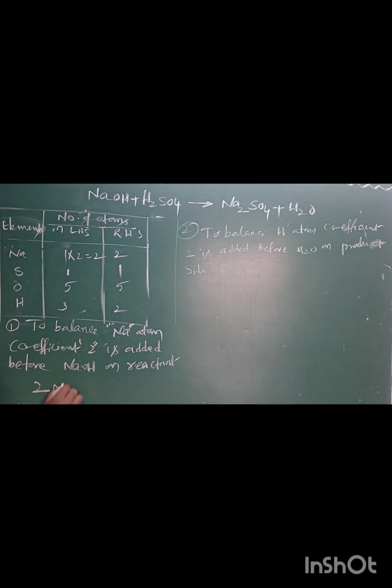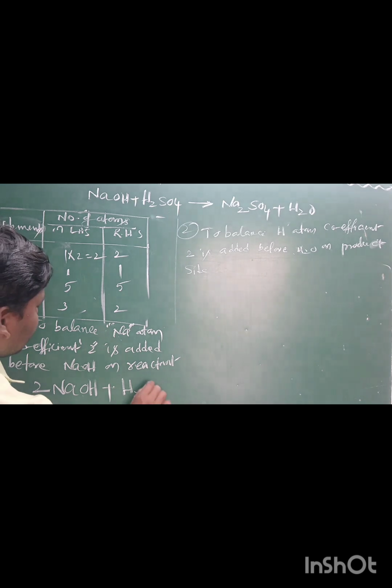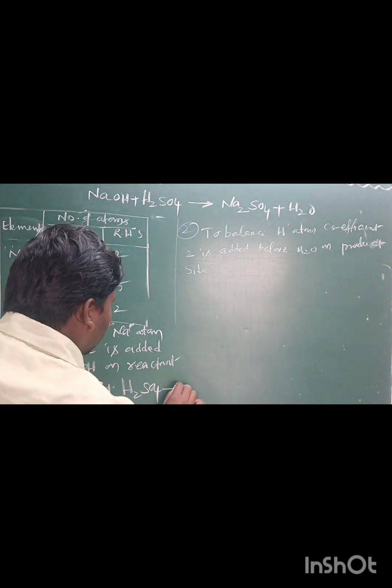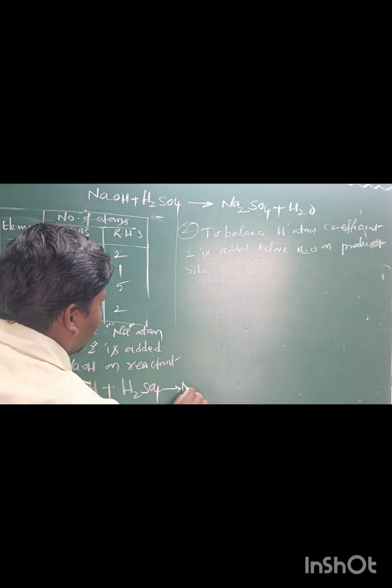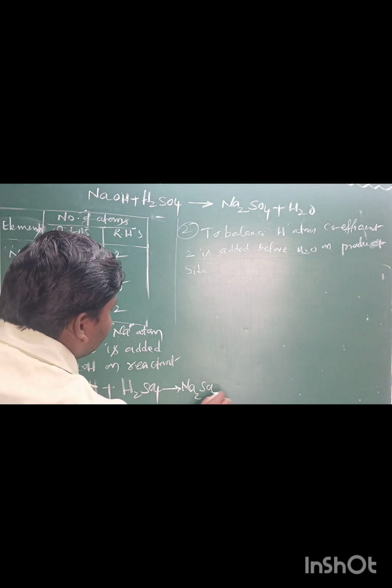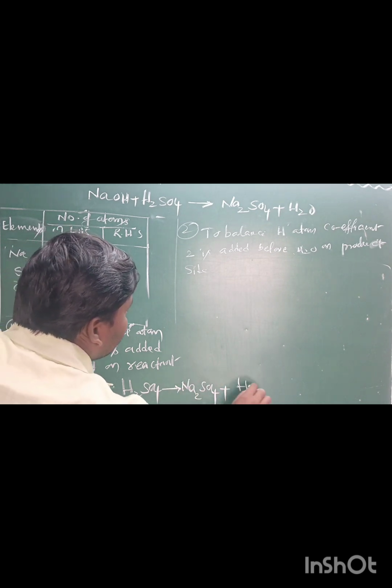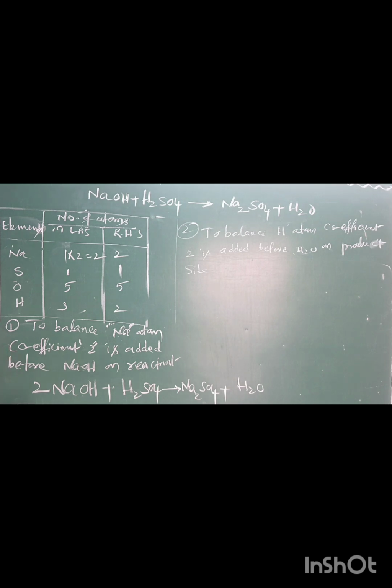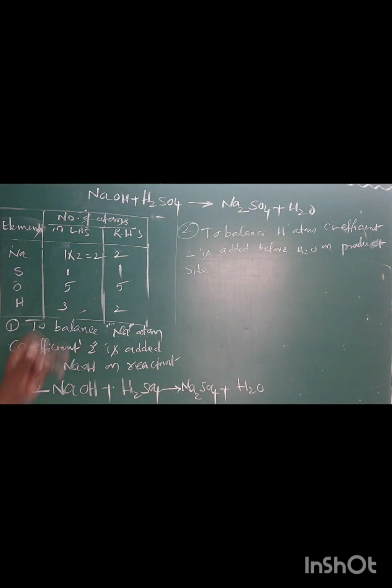Okay, 2 NaOH plus H2SO4 gives rise to Na2SO4 plus H2O. Now you can observe sodium atoms are balanced, but here how many oxygens are there?